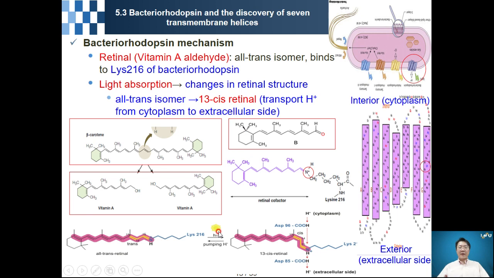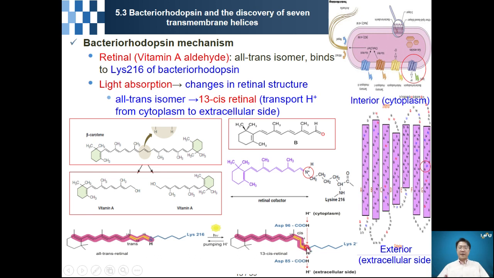After light absorption, the retinal structure is changed. The all-trans isomer is changed to the 13-cis retinal structure. After the all-trans isomer absorbs the light, the 13-14th carbon changes to the cis configuration.